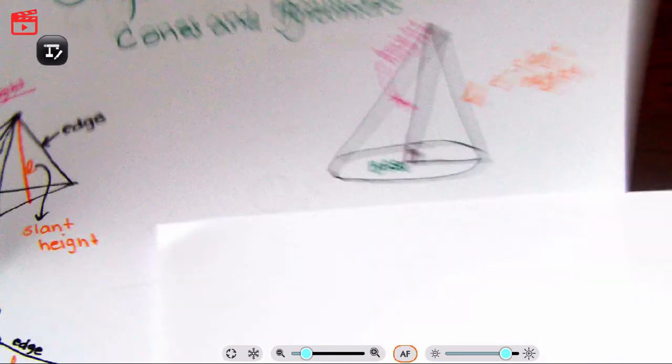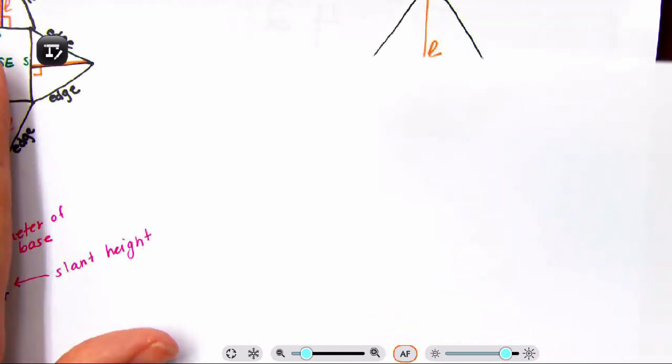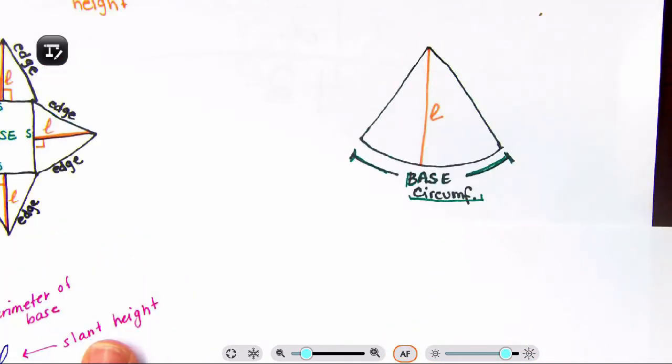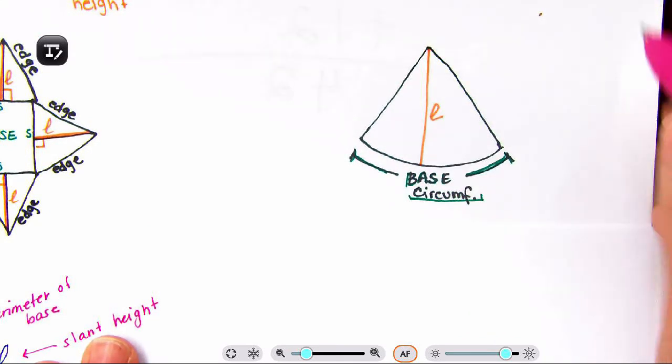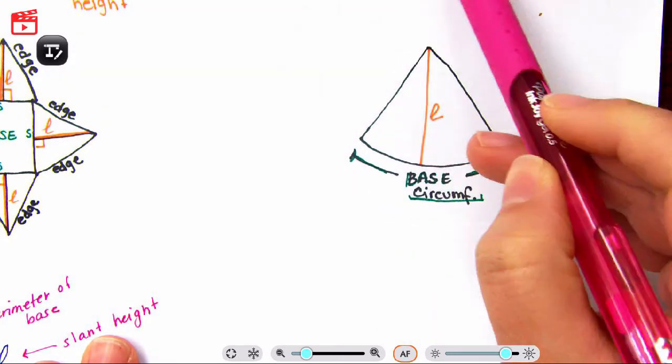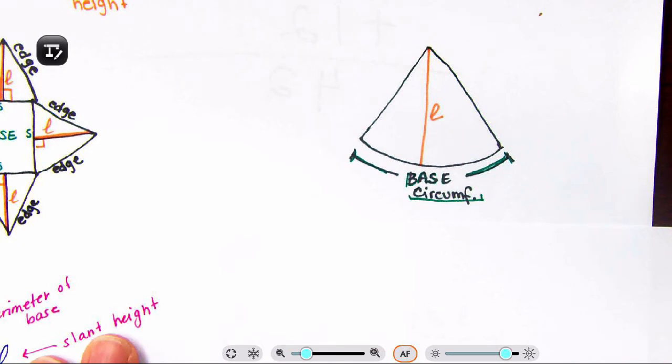Let's go ahead and show how this would look if it was cut open. Here again is your slant height. And then just to let you know, the perimeter of the base, so what it is circling around here, it's not going around like a square, it's going around a circle.